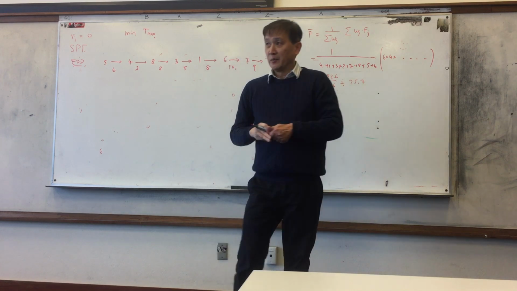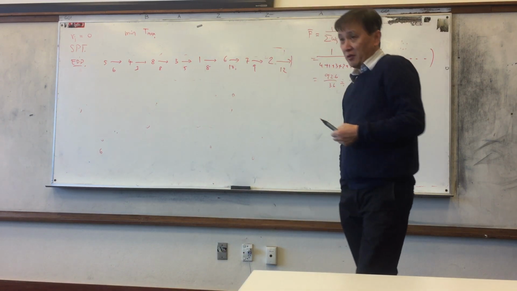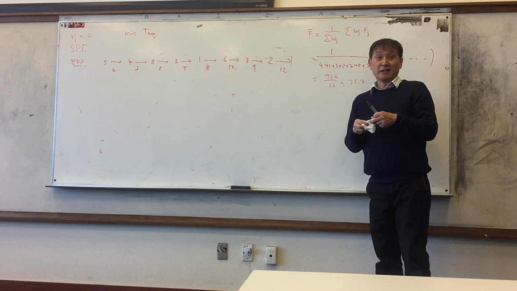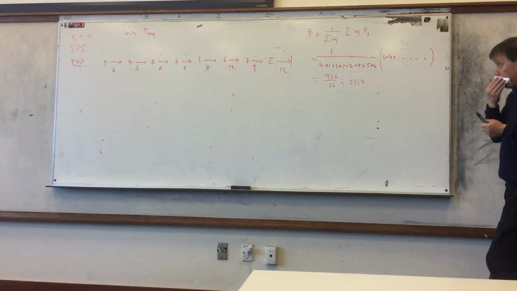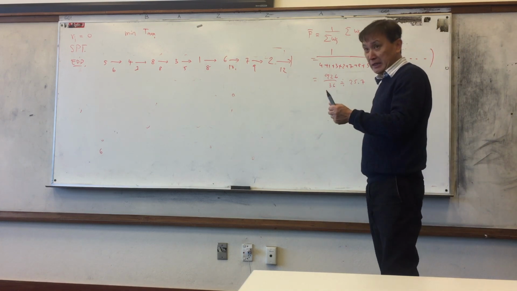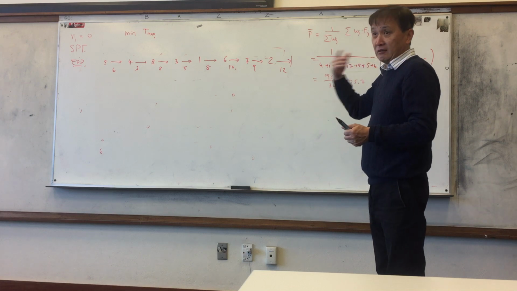Now, this is just my optimal schedule, but of course I need to find out the numbers. I need to find my tardiness, and I need to find the total flow number.